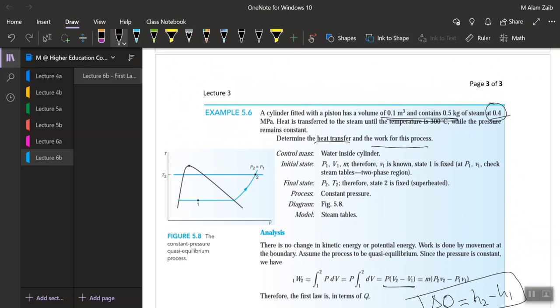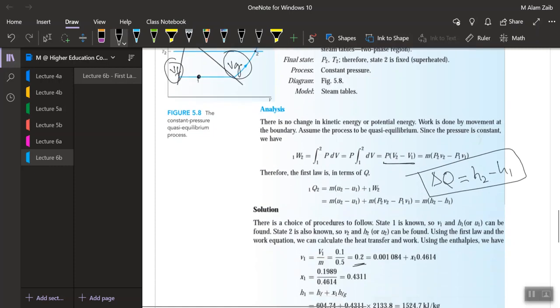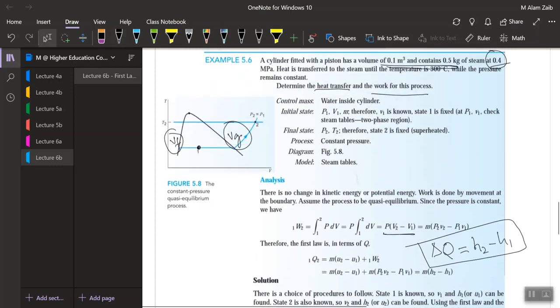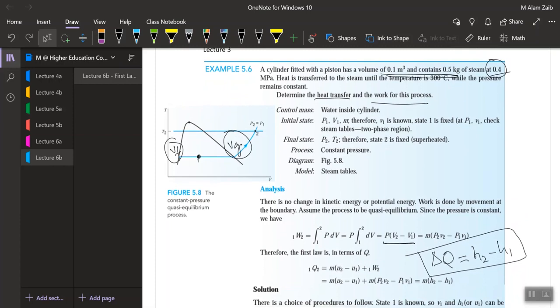If it is greater than Vf and less than Vg, so if it is in between Vf and Vg, that means we are inside the vapor dome. Our volume, which I have checked, was inside the vapor dome. So state one is inside the vapor dome.